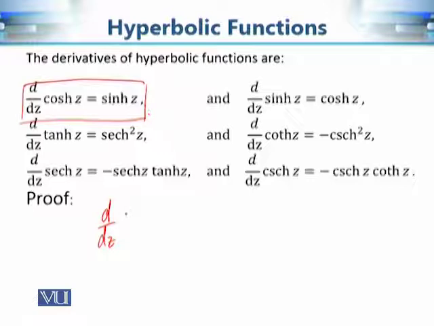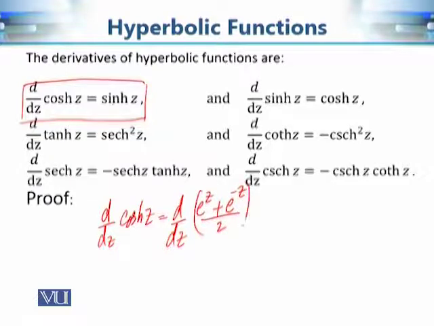We know how we define cosine hyperbolic z. Cosine hyperbolic z is defined as e raised to power z plus e raised to power minus z divided by 2. And using the properties of the derivative that we have discussed so far, this is going to be equal to e raised to power z, using the chain rule in the second part, minus e raised to power minus z.